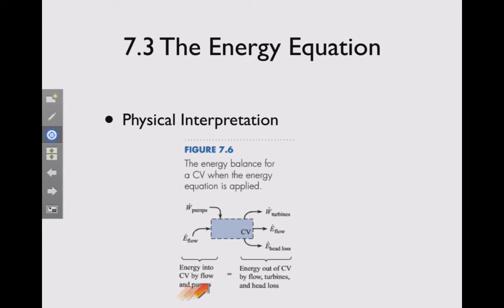And we can also add energy via pumps. This is going to equal energy out. We're going to have energy flowing out of the control volume through a control surface, but we are also going to have energy losses due to viscous effects in the head loss, and also perhaps we can extract energy out of the flow by putting a turbine in there.